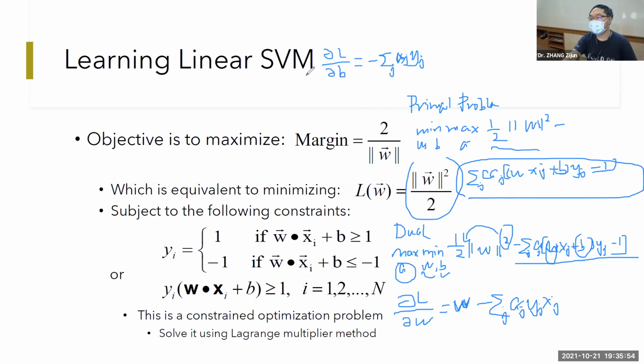So we first solve this optimization problem with fixing alpha as the parameter.